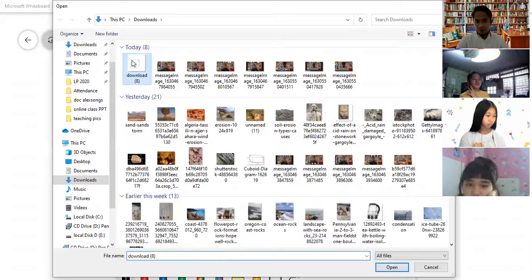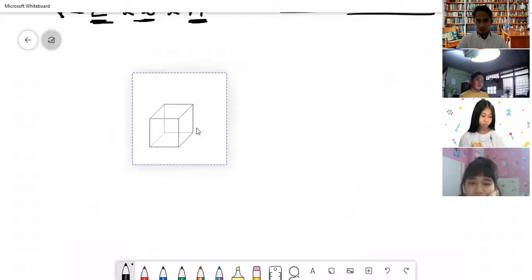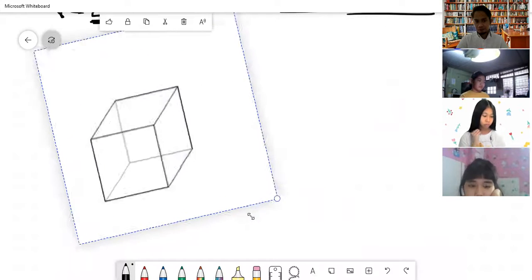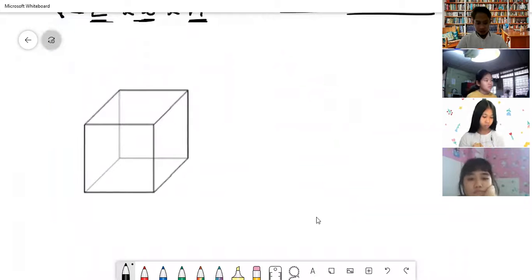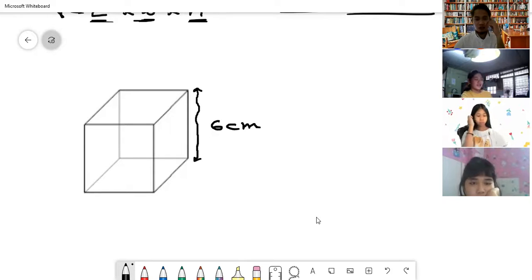Okay, here, this is the cuboid, right? That's the cuboid, the same as in the drawing. It says there is 6 centimeters. From here to here is 6. I hope I can put a good line. It says 6 meters. That is wrong. Look at the solution. It's centimeters, not meters.